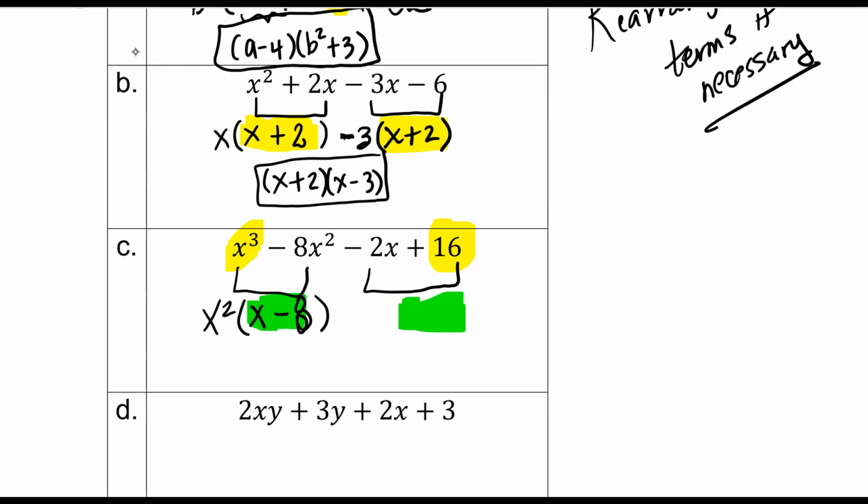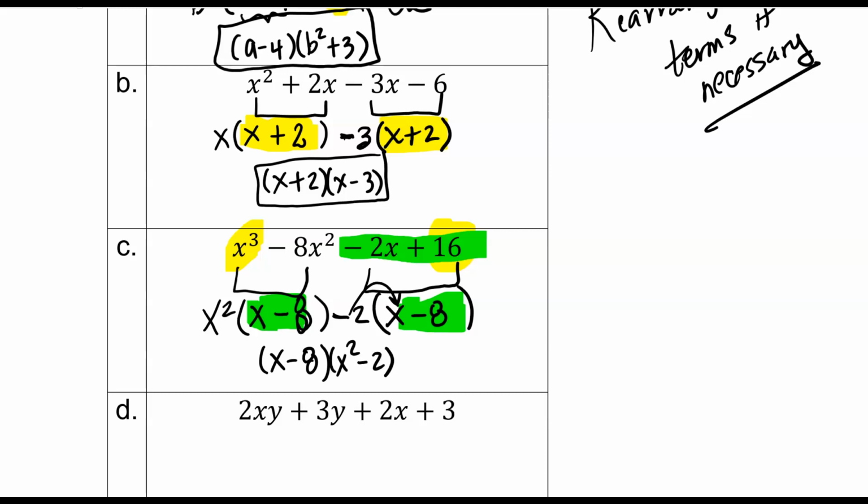So what would you have to factor out of negative 2x plus 16 so that you would get a factor x minus 8? You would have to take out a negative 2 to get that x minus 8, because negative 2 times x minus 8 is negative 2x plus 16. So the final answer is x minus 8 times x squared minus 2.